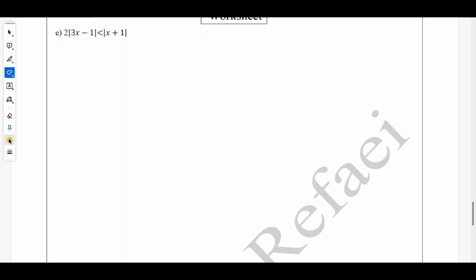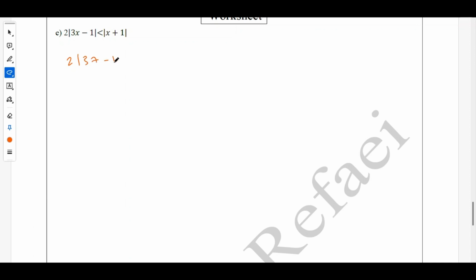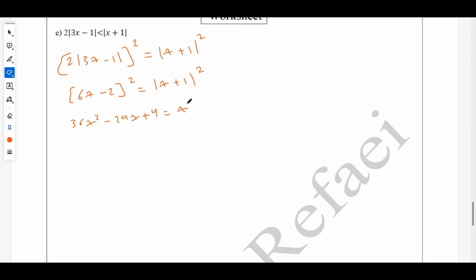Going to use the squaring method. 2, 3x minus 1, all of it squared, equals x plus 1, all of it squared. 6x minus 2, squared, equals x plus 1, squared. 36x squared minus 24x plus 4 equals x squared plus 2x plus 1. 35x squared minus 28x plus 3 equals 0.